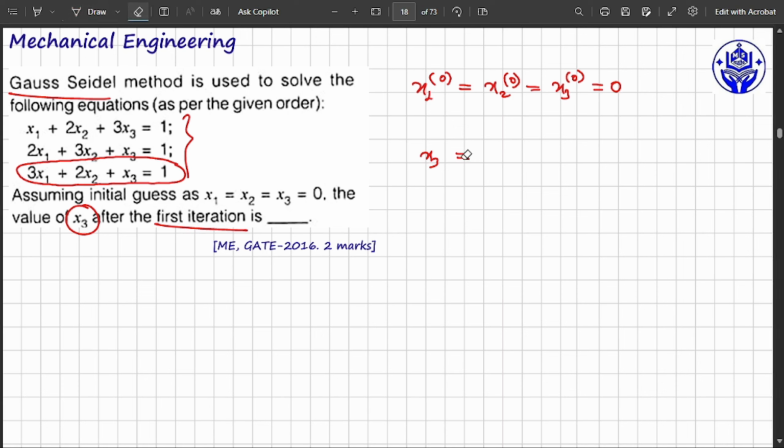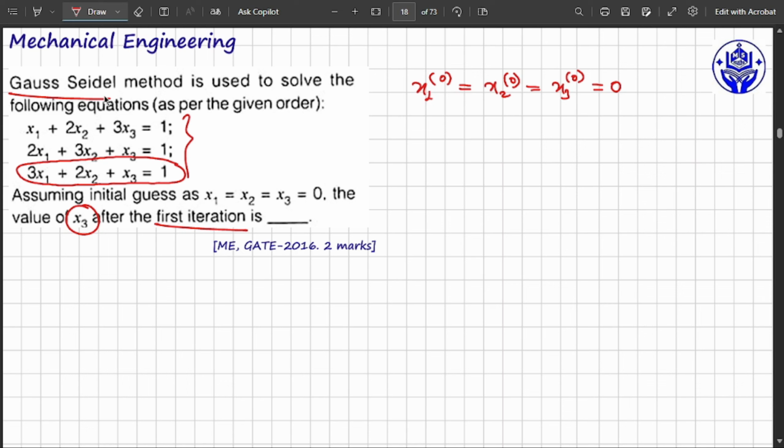Wait, let me check it. Okay, if you calculate x1 from equation number 1, then you will have 3. If I have 1, 2, 3, no? But for the Gauss-Seidel method, we should at least follow the pivoting in this case, because it should be diagonally dominant.